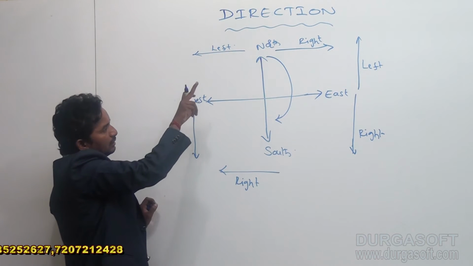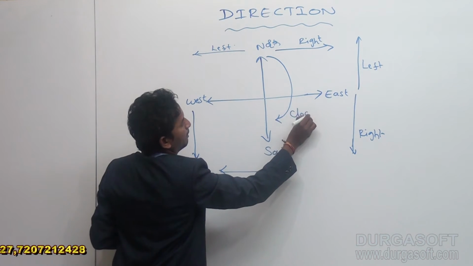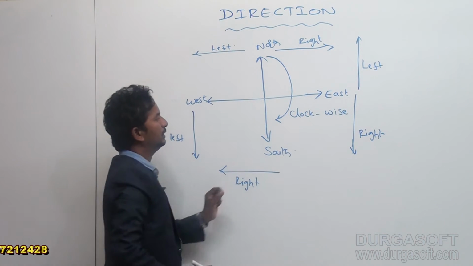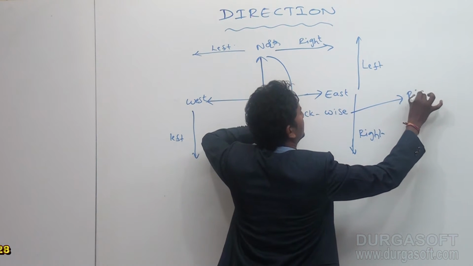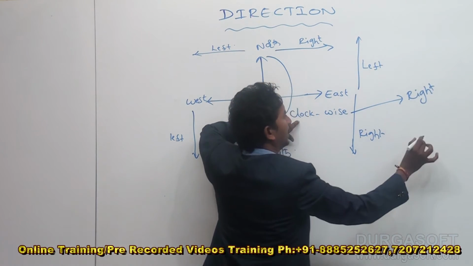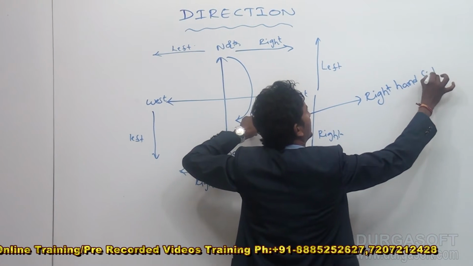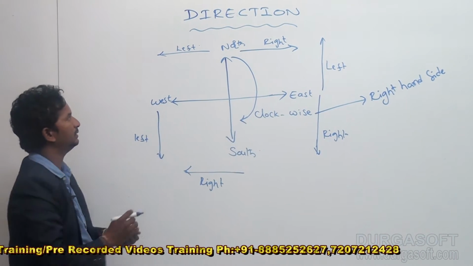This is the clockwise direction. The clockwise direction is called the right hand side.